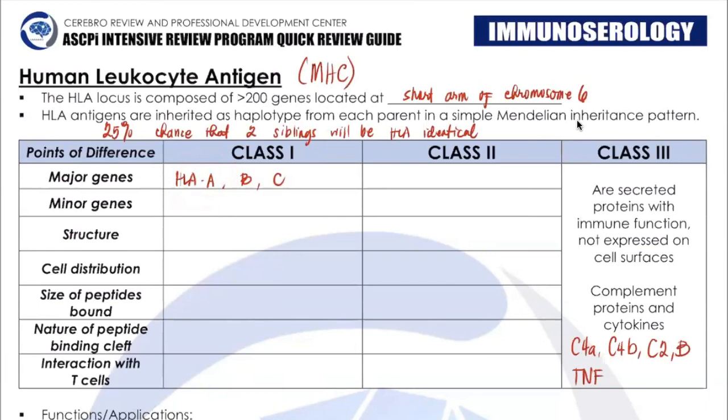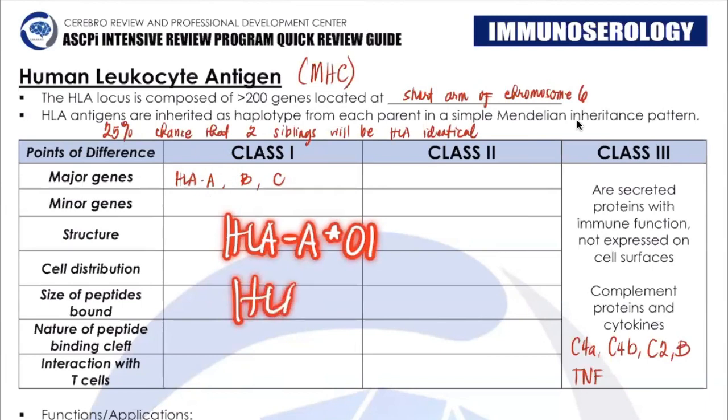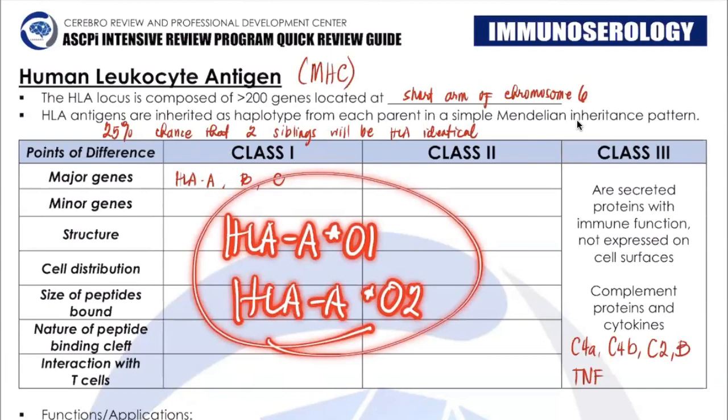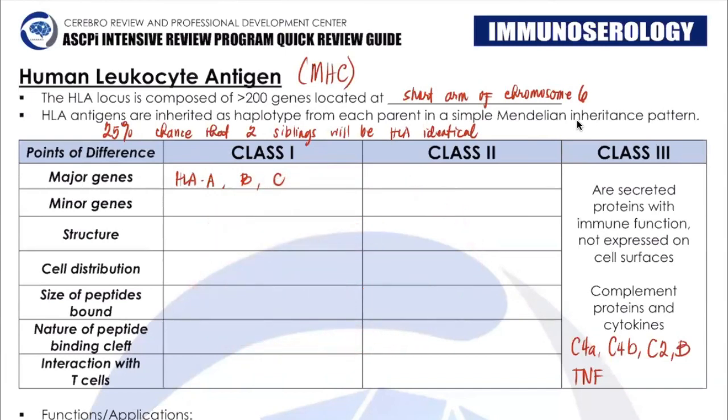So pwede mo siyang tawagin, let's say for example, HLA-A01, pwedeng HLA-A02. So these are specific alleles located inside the HLA locus. So take note, the major loci for class 1 are HLA-A, B, and C. So meron din tayong mga minor genes or minor loci.